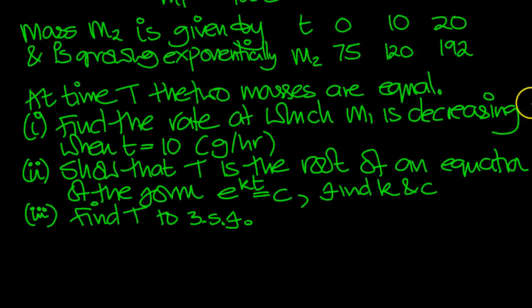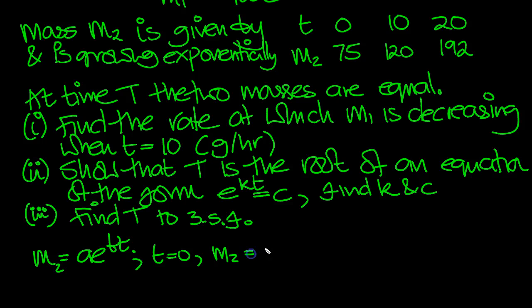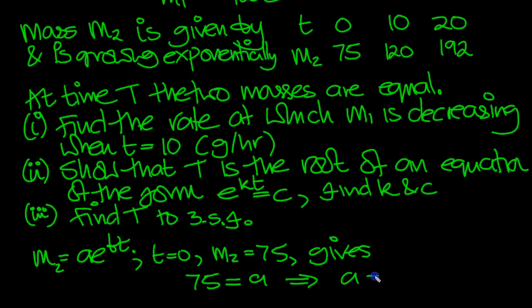So here's my table. m equals m2, that is a e to the bt. t equals 0, m2 equals 75 gives 75 equals a, put t as 0, and e to 0 is 1, so a is equal to 75.